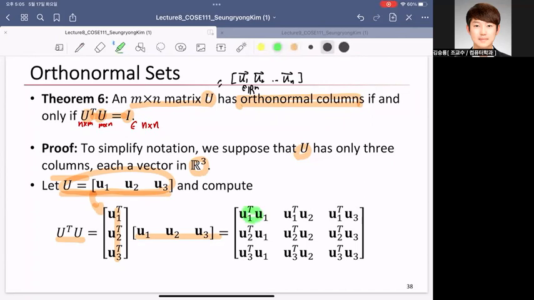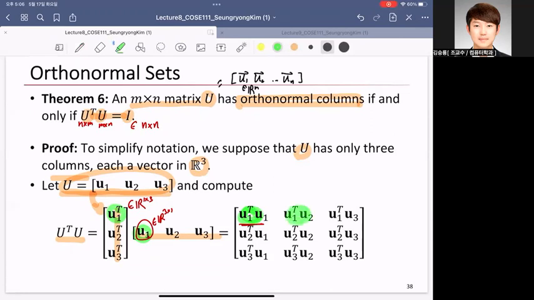The first term should be this vector times this vector. Because each vector is in R3, this one should be 1 by 3 and this one is 3 by 1, so it is going to be a scalar value.